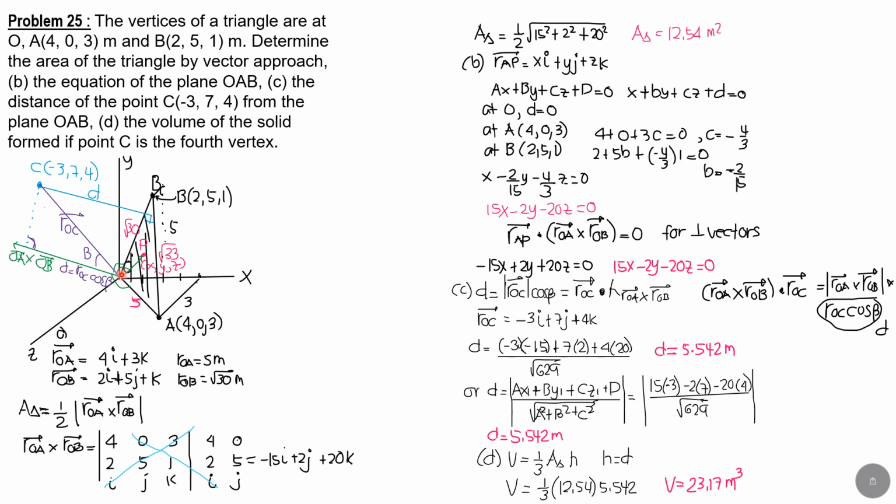So the perpendicular vector is ROA cross ROB, which we already derived, which is this. So dotting the two, this is the equation.